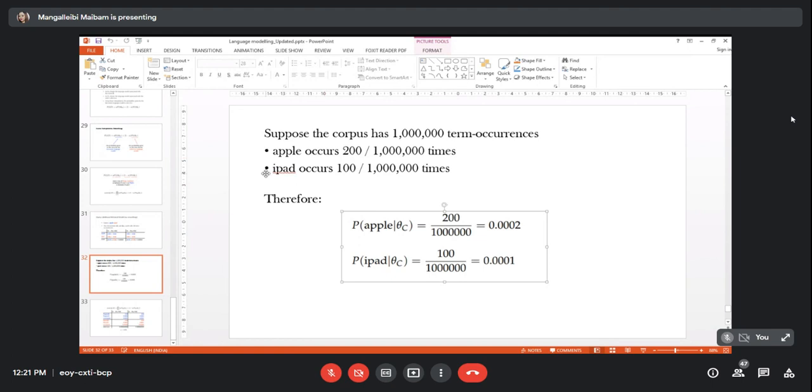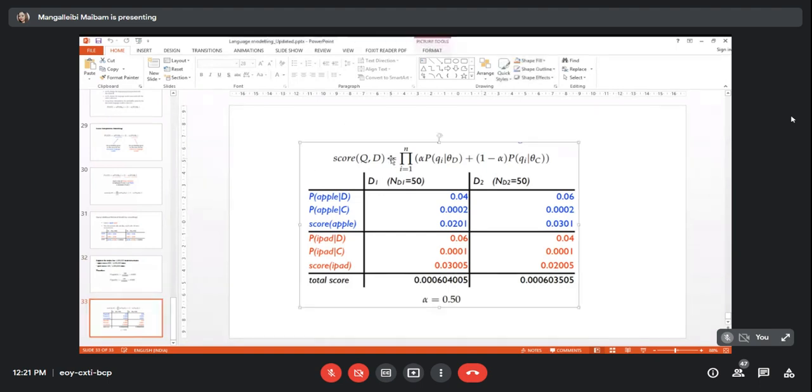Similarly, suppose iPad occurs 100 times in the entire collection. The probability for iPad is 100 divided by 10 to the power 6, which is equal to 0.0001. This point has been added in order to make the score a different value.